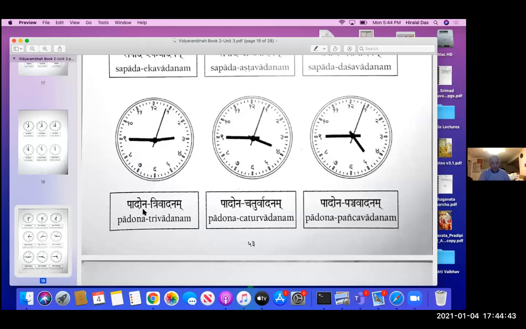So Padon Trivadanam indicates 15 minutes less than 3, same as 2:45, right? Yes. If you say 15 minutes less than 3, that is quarter to 3.